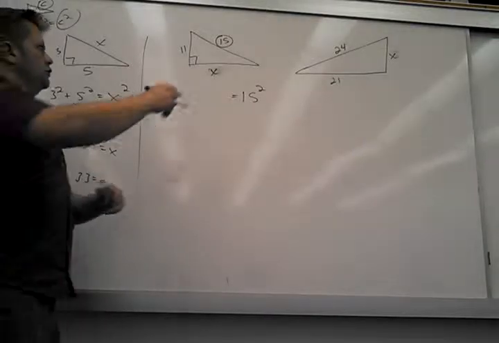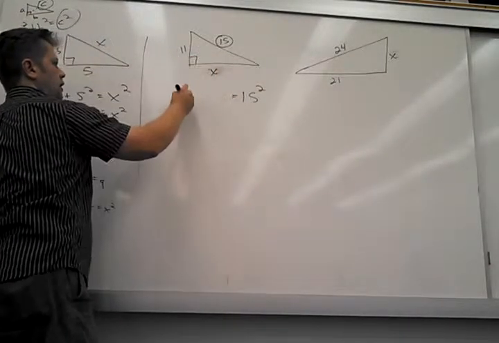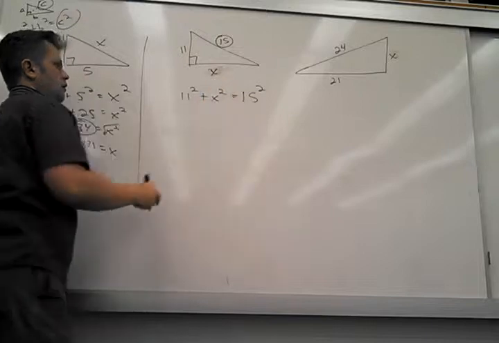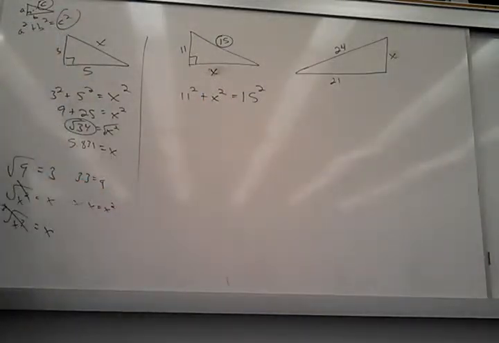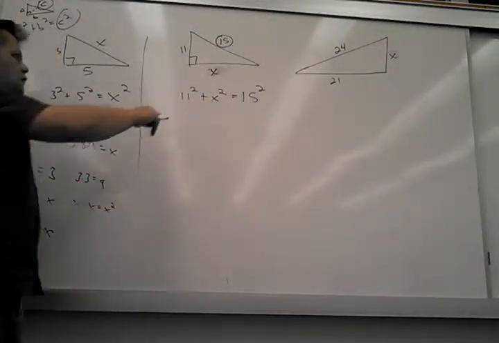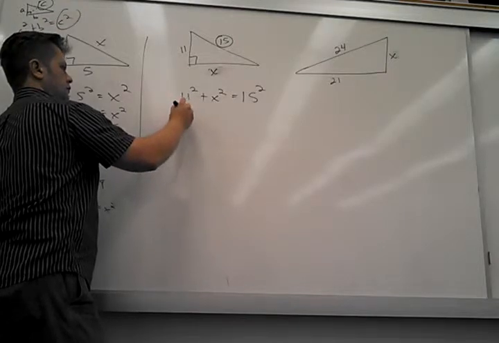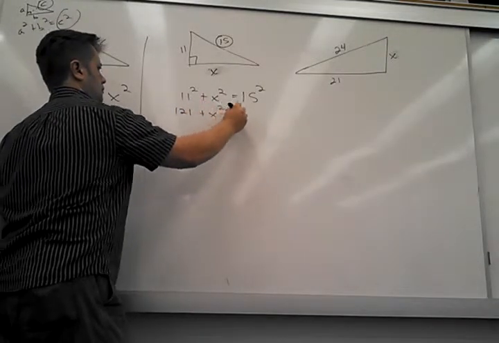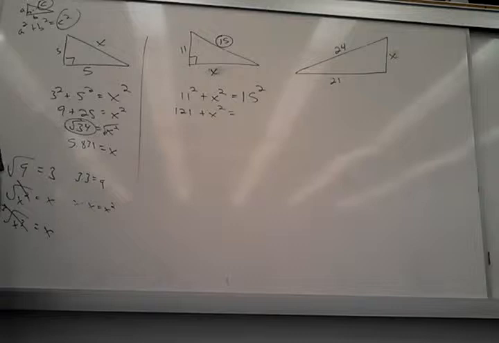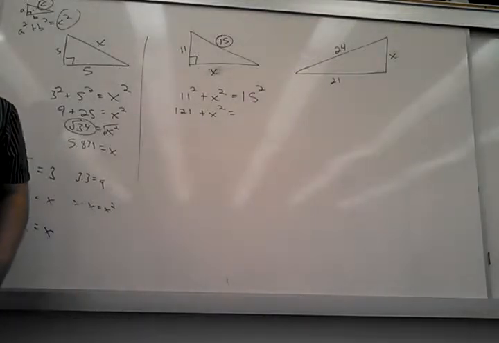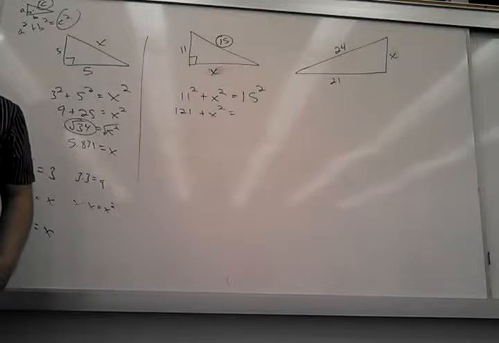So the hypotenuse squared must have come from 11 squared plus X squared. So what's 11 squared? 121.